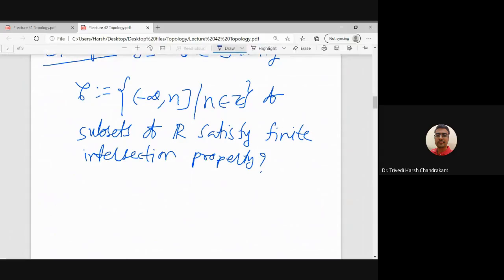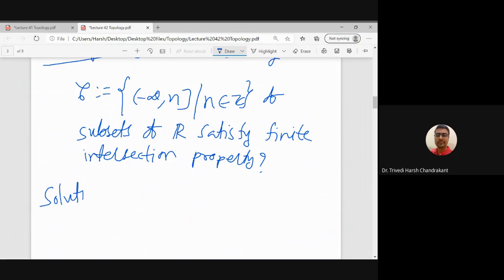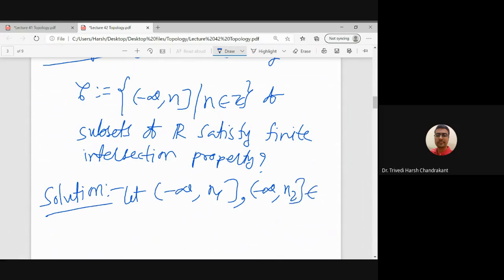The answer is yes, and we have already discussed the proof somewhat. Whenever I take any two elements of this set, they will be of the form minus infinity to n1 and minus infinity to n2, right? Any two elements.